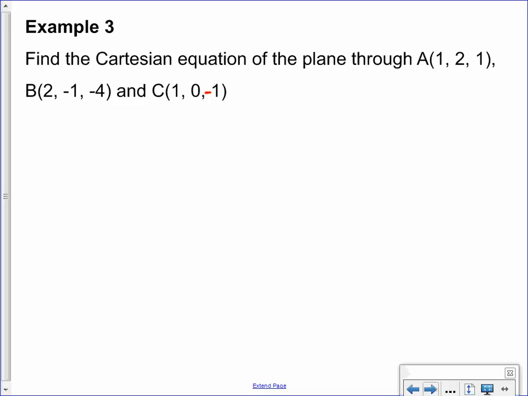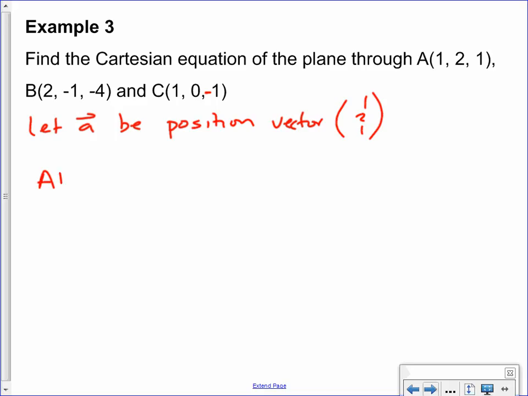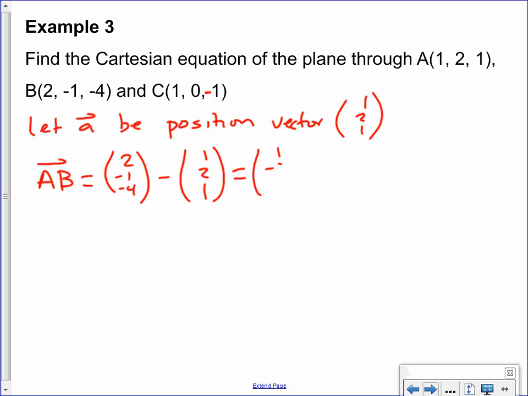But let's try using the normal thing. Let A be the position vector 1, 2, 1. So wouldn't you say that AB is equal to 2, negative 1, negative 4, minus 1, 2, 1, which is 1, negative 3, negative 5.